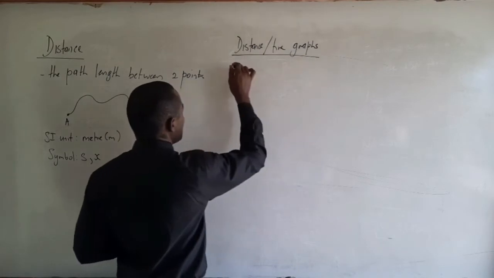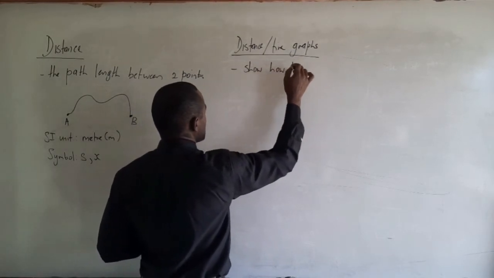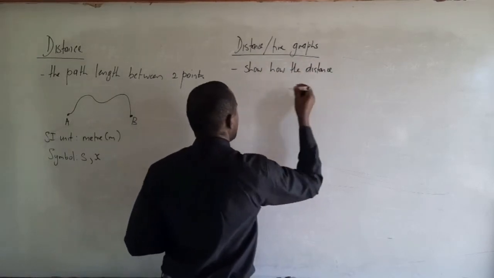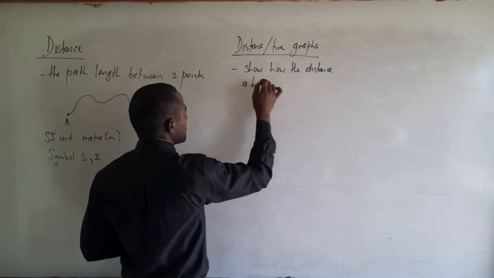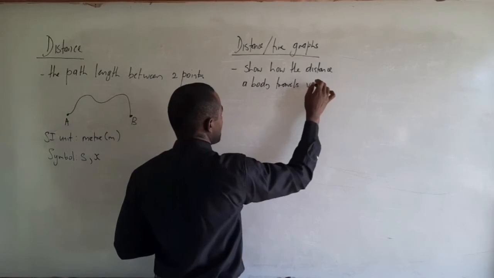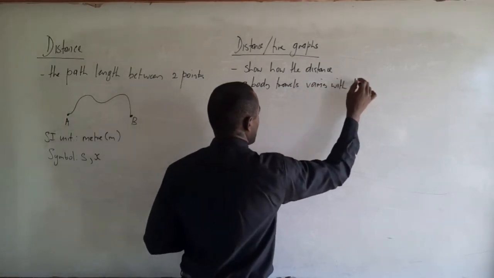So these are graphs which show how the distance a body travels varies with time.